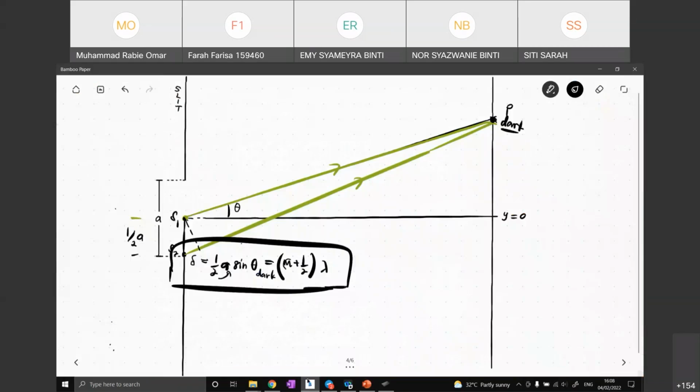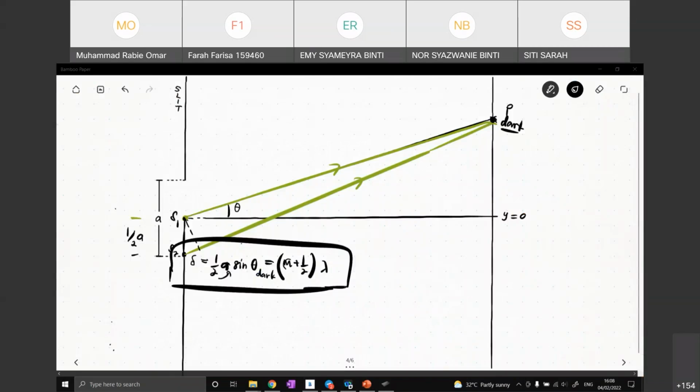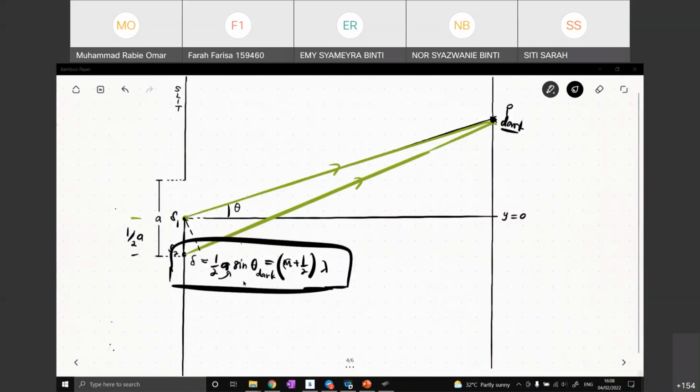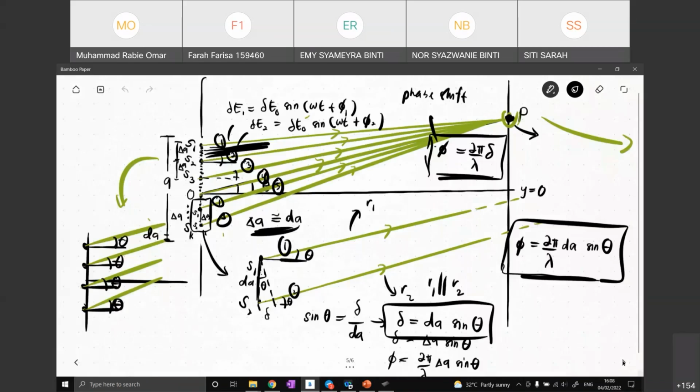Guys, I need you to bear in mind, okay? We have two different equations, yeah? Basically, they are equivalent. We have this particular equation where we are using the half here. And then we also have another equation, which is this guy here.